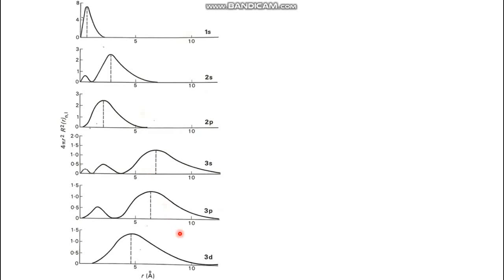Similarly, the 3d orbital has no node. On the other hand, the 3p orbital, that is the next p orbital after the first p orbital, so the first p orbital is 2p and the second p orbital is 3p, it has one node here, but it has 2 layers.